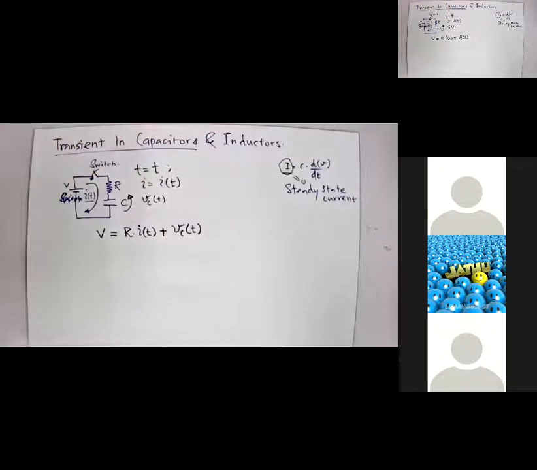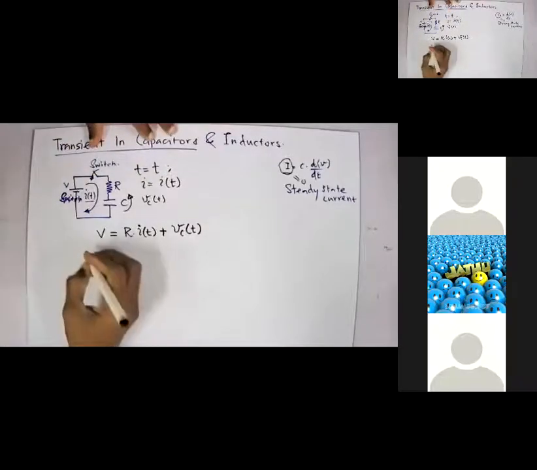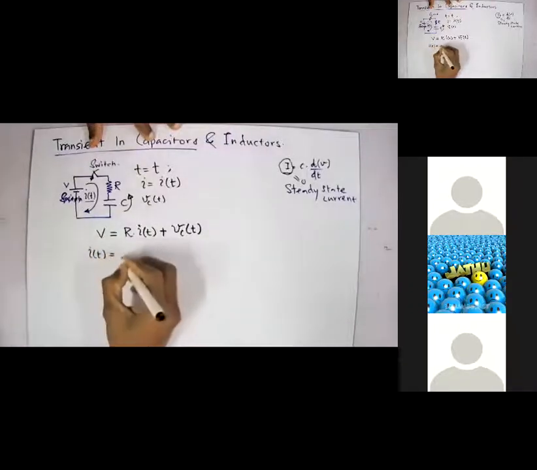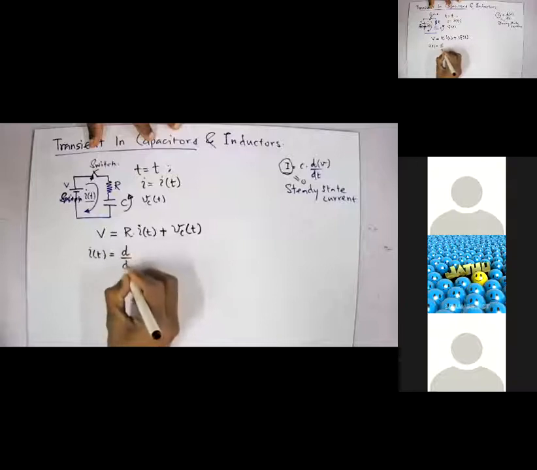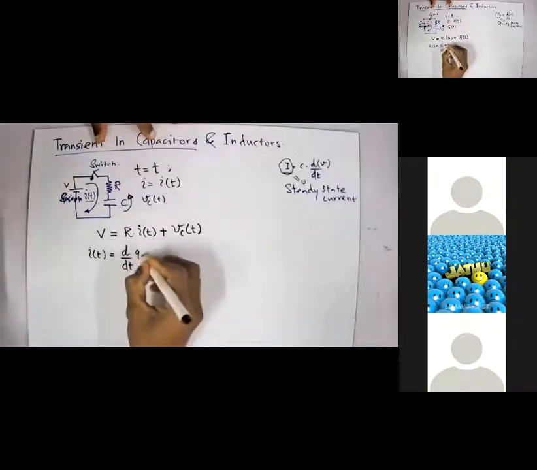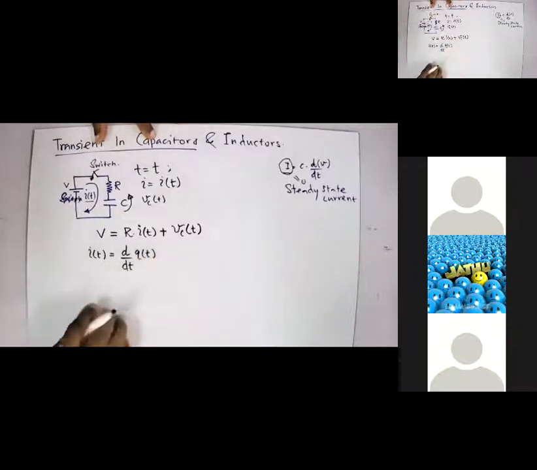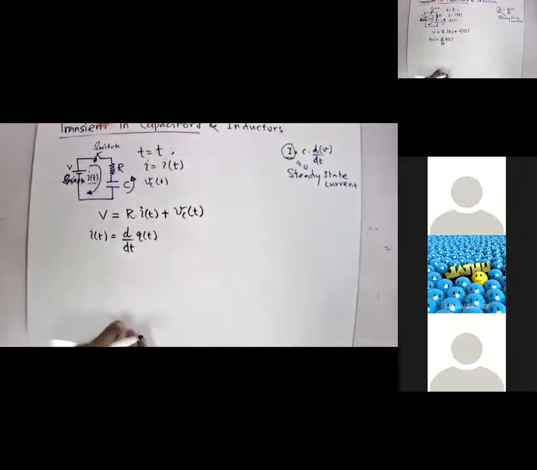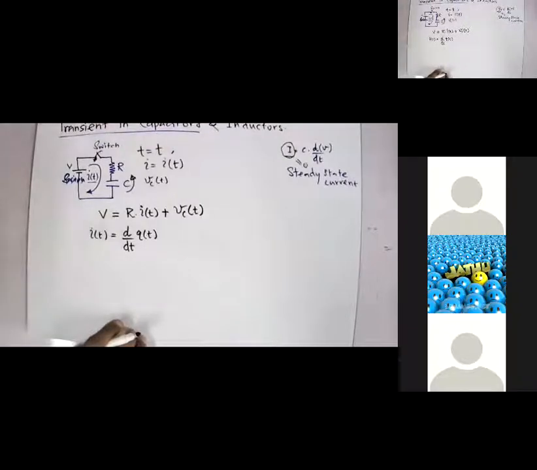Also, we know that the current I of t can be written as dq of t by dt, the charge.